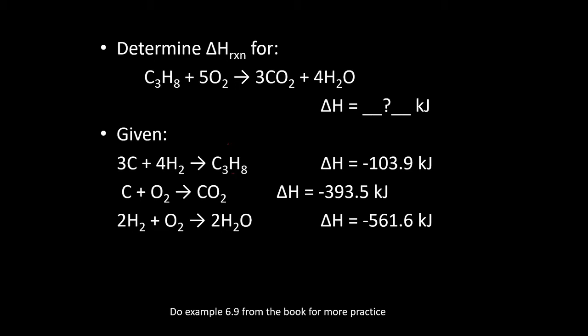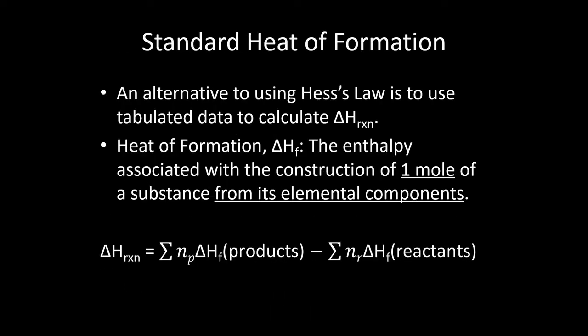This is how you make propane from its free elements, carbon and hydrogen. That's the heat of formation for propane. Same thing here with CO2, same thing with water. It is just making those molecules from their elemental constituents. What's the enthalpy change as a result of that?